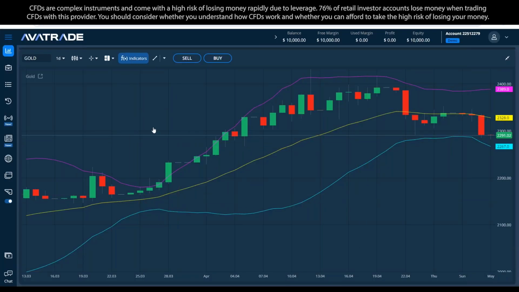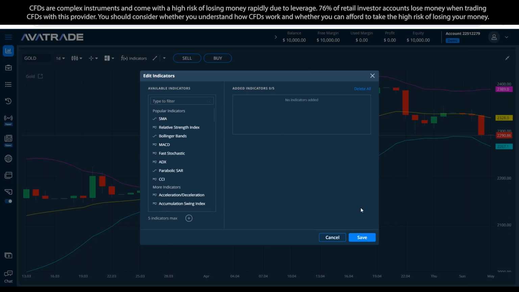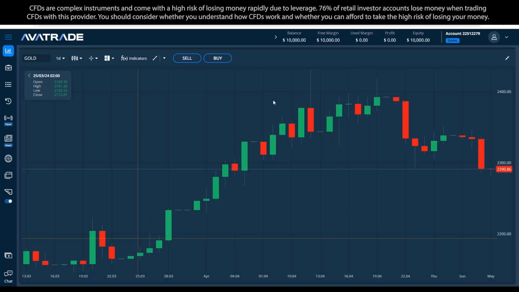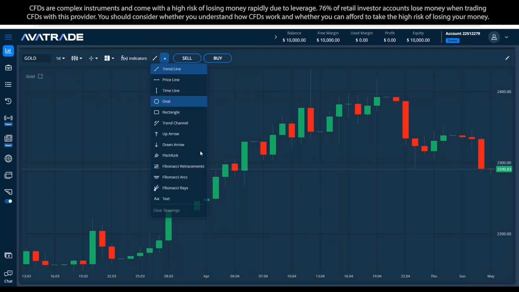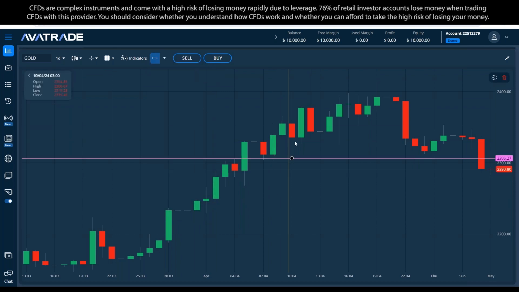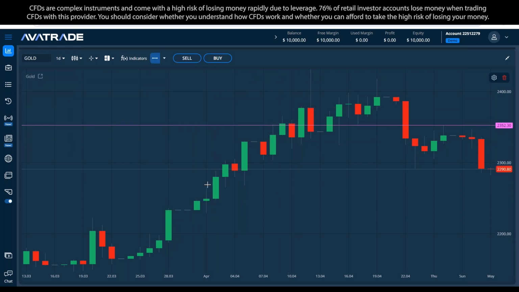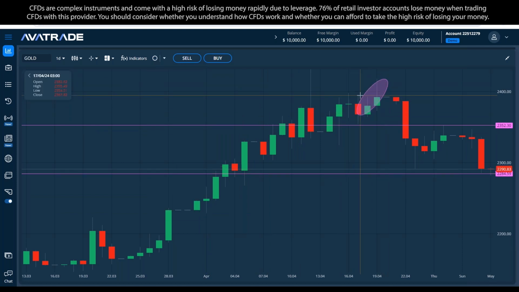Okay, to get rid of it is just as easy. Clicking here on the X, click save, and we are here. Yes, and this list is what I used to place all those lovely lines. Okay, you see you have a nice inventory with all kinds of shenanigans that can help you with your analysis.